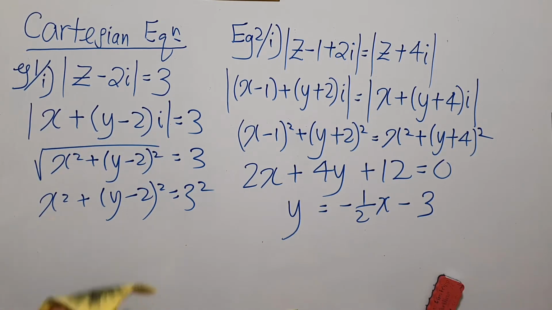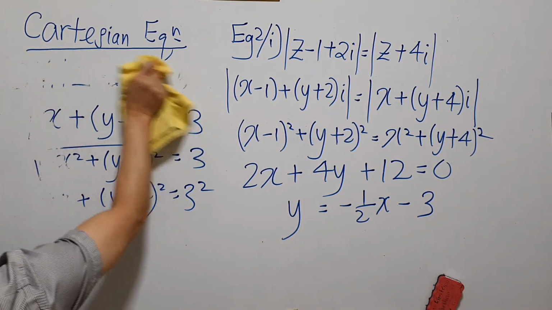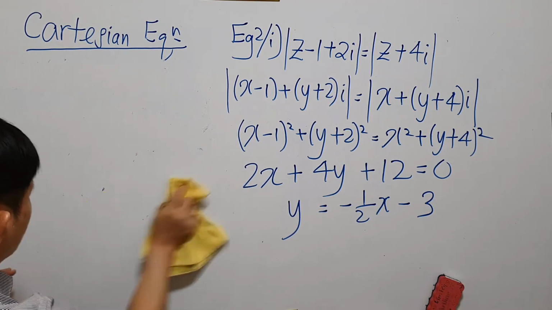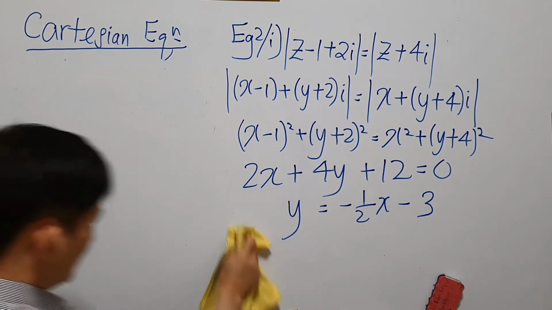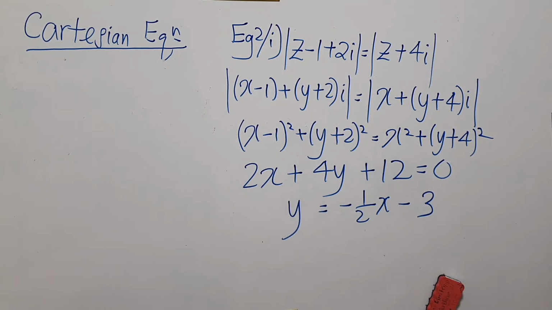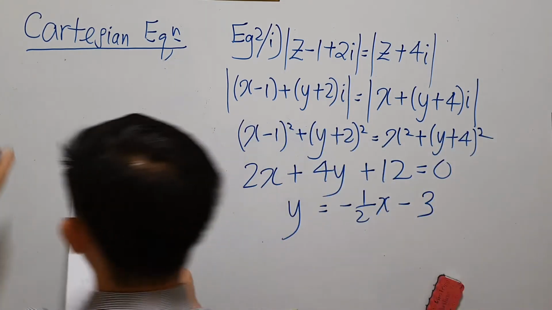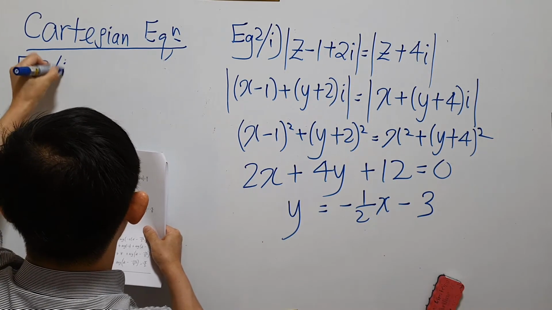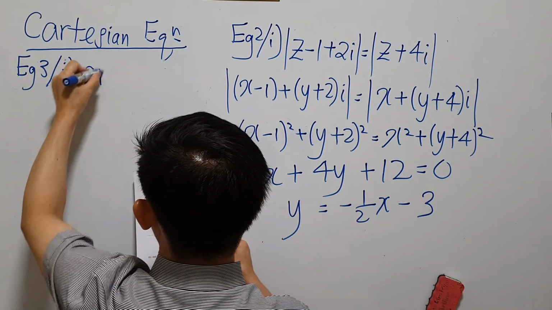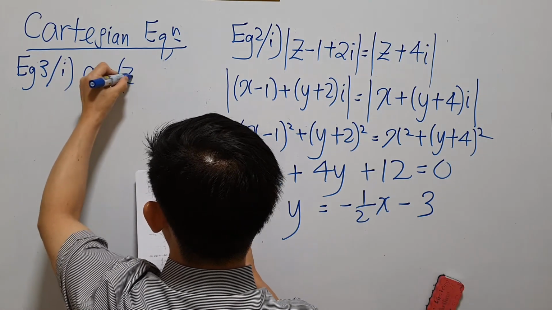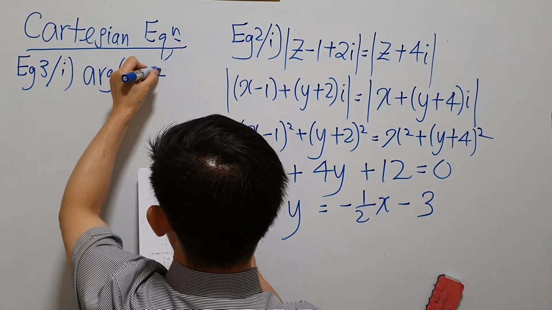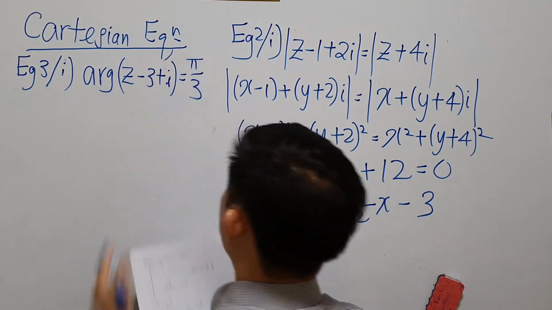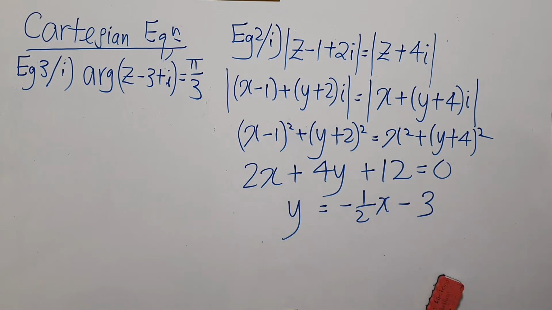I'm going to do one more example taken from example 3 to show you how I can convert the third type into the Cartesian equation. So I'm taking it from example 3 part 1. You have the argument of z minus 3 plus i equals to pi over 3. By now, you already know that this is a half line, right?